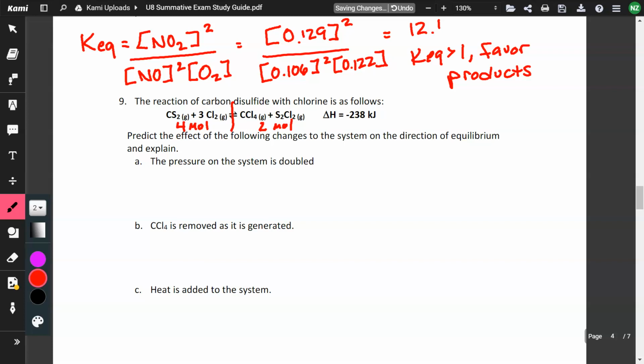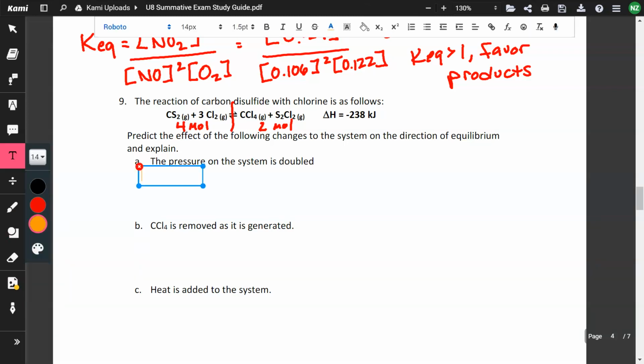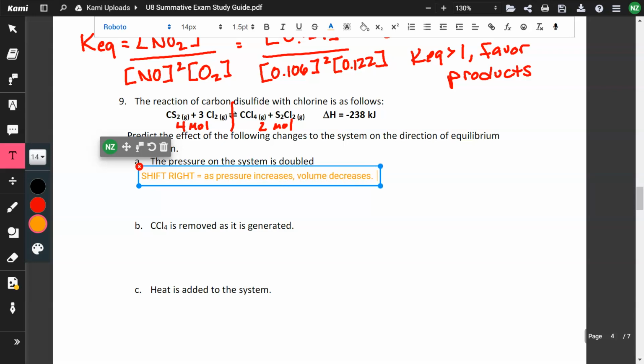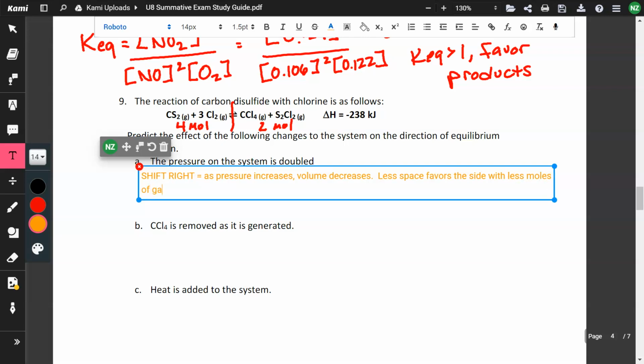It always goes to whatever side has fewer moles. So it's going to shift right, as pressure increases, volume decreases, less space favors the side with fewer moles of gas.